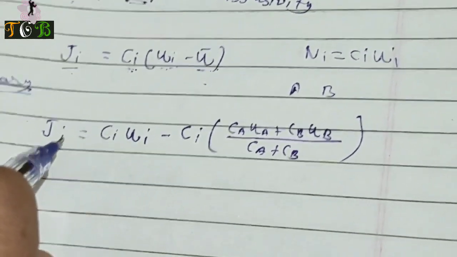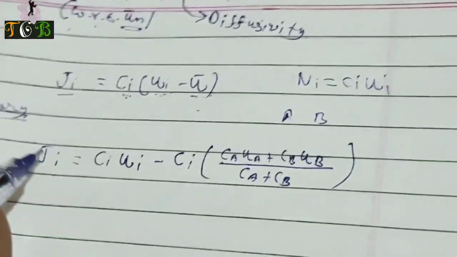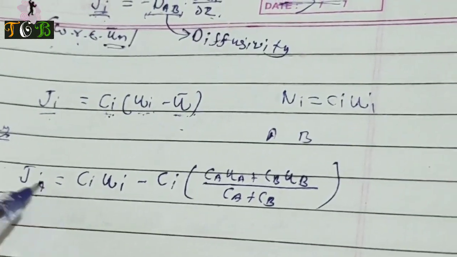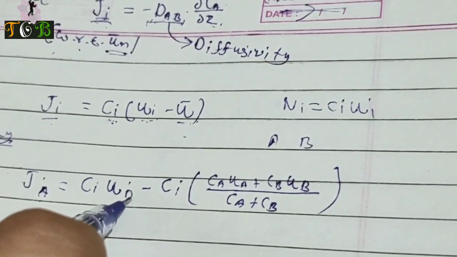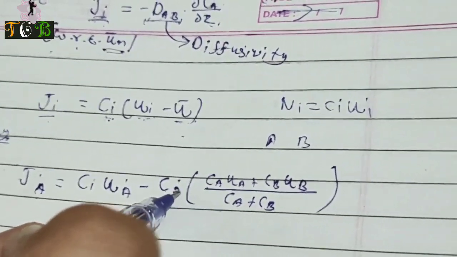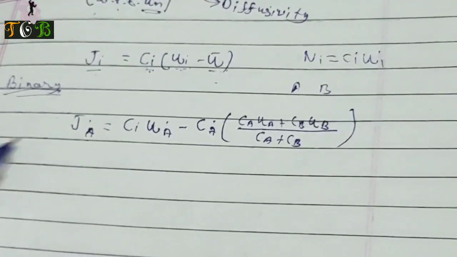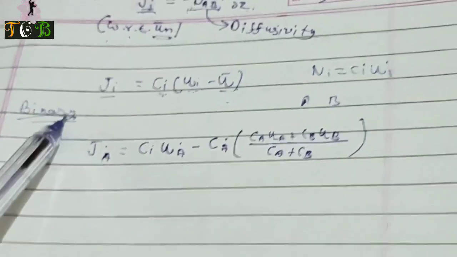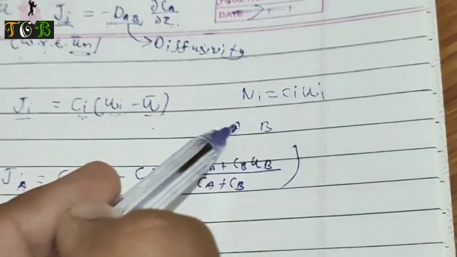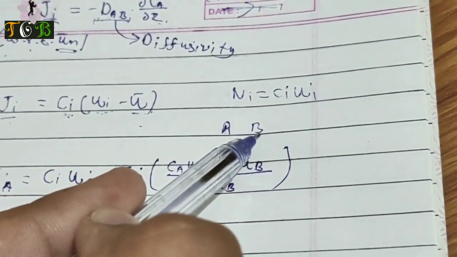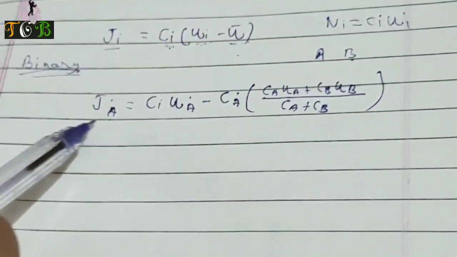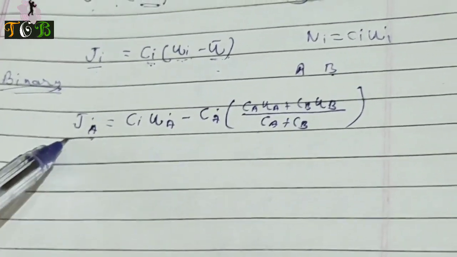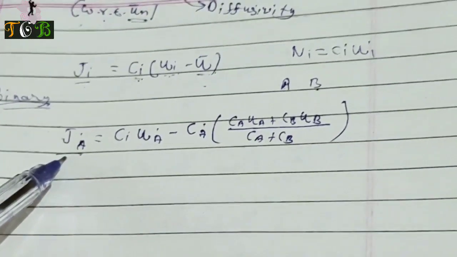Suppose we are talking about component A, so we convert it by A. That's easy, guys. So we have converted our formula for a binary mixture where two components are there, first A and second B, and we are finding the molar flux of A.